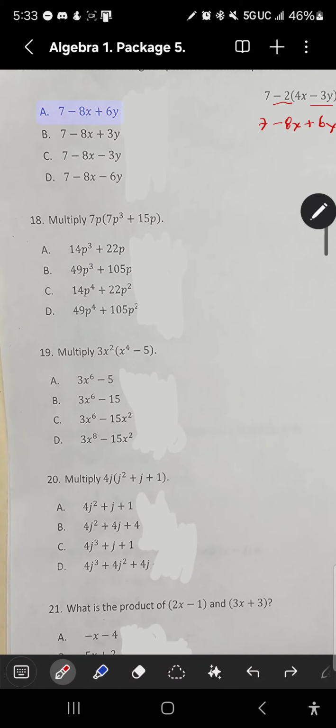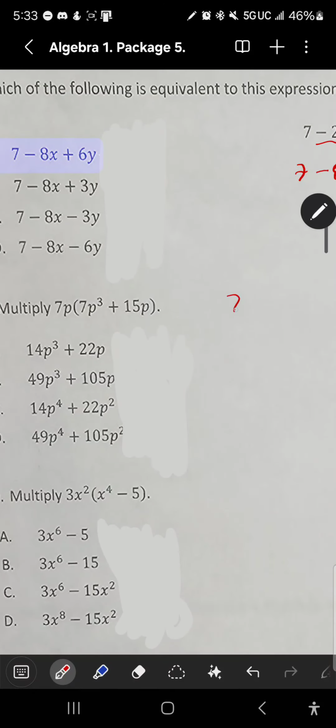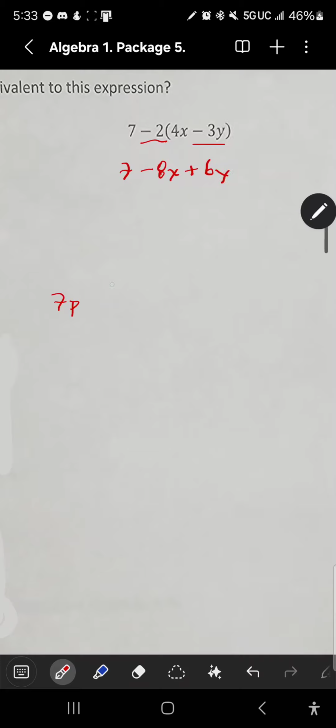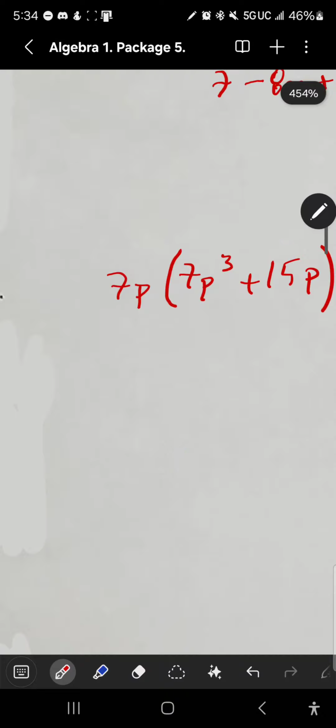Now let's see, multiply. Okay, let's look at this. We have 7p times 7p to the 3 plus 15p. Now, first I'm going to go number times number. So 7 times 7 is going to be 49.